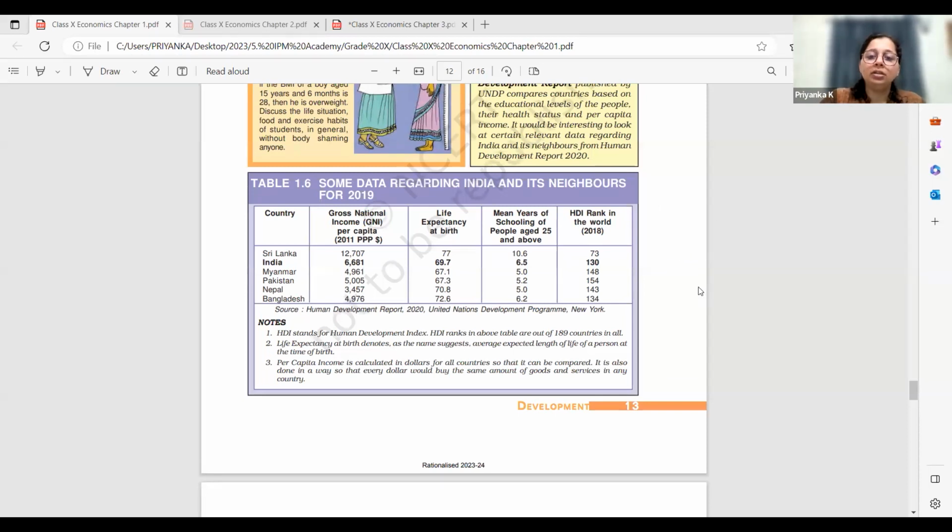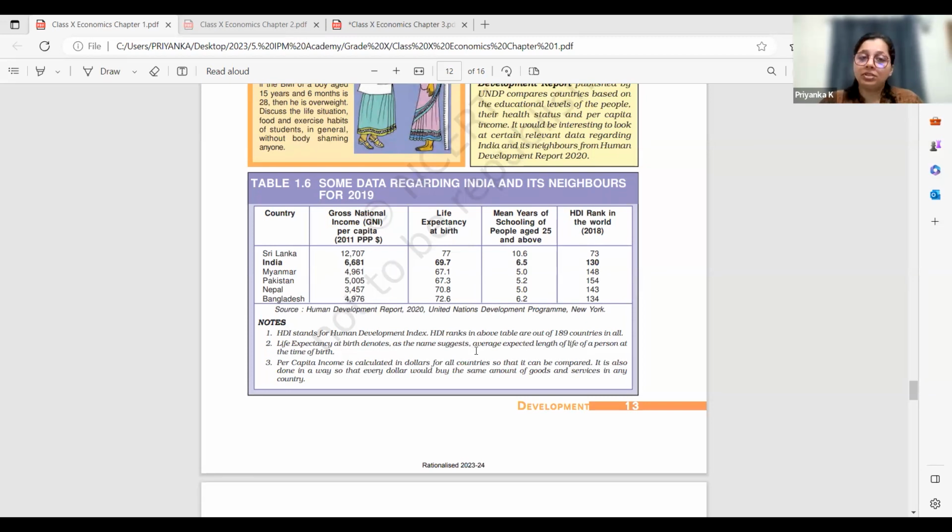The 2021-22 data is different. When you prepare for your examinations, you can go and check what the status of India is. Has it progressed from 2011, or is it still the same? Especially with regard to the neighboring countries. Just taking the example of Nepal and Bangladesh, the life expectancy at birth in Nepal is 70.8 and in Bangladesh it is 72.6, while in India it is only 69.7.